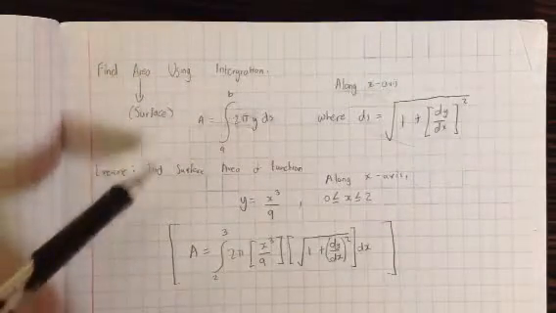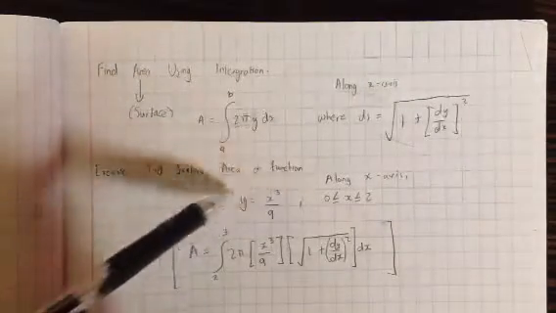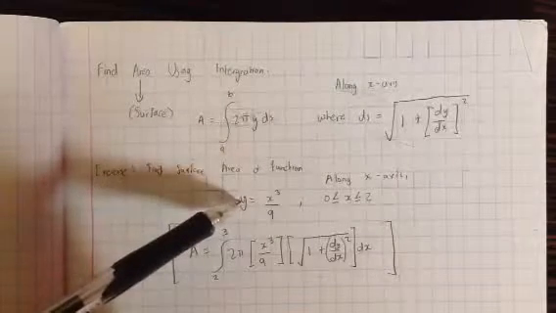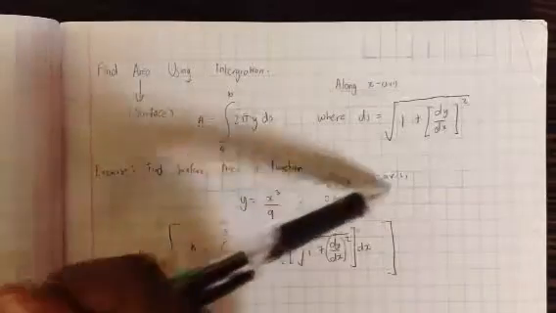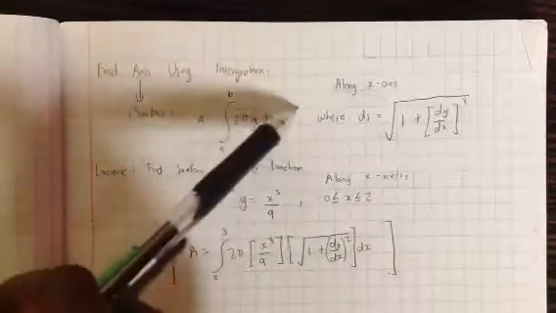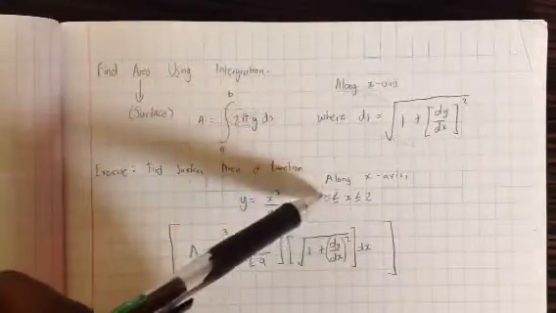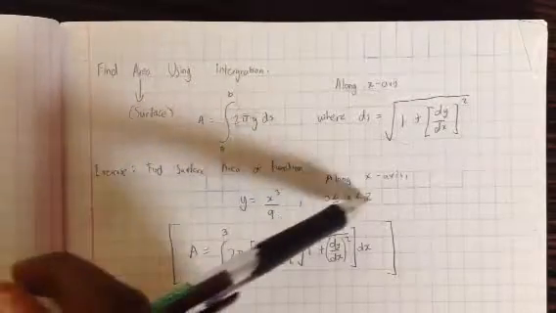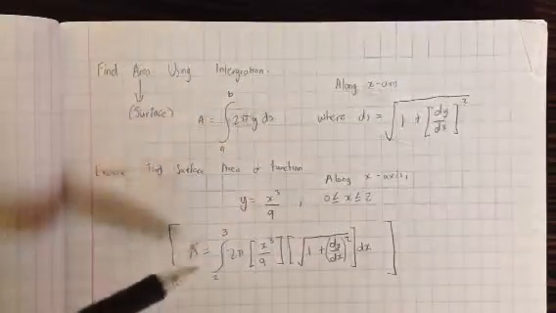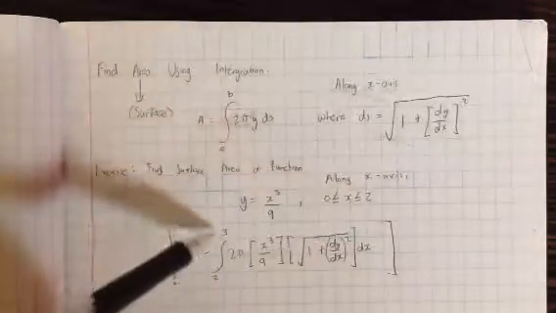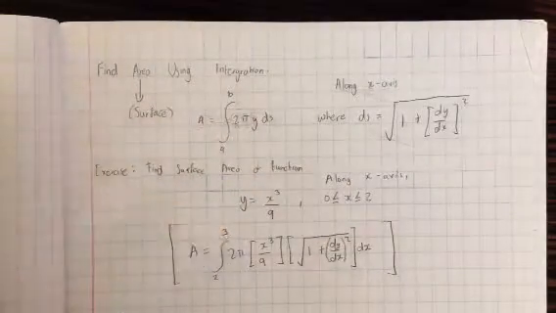So in our exercise, it says find the surface area of the function y equals x cubed over 9 along the x-axis, just like our scenario over here. We have our limits, 0 and 2. Oh my goodness, what did I do?